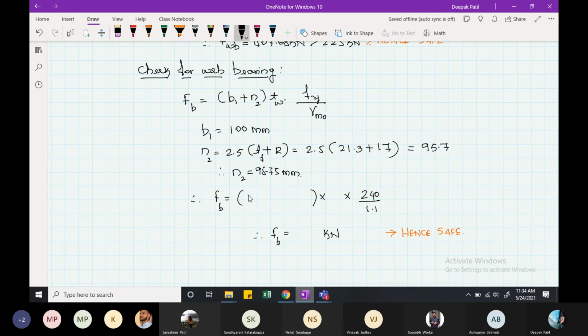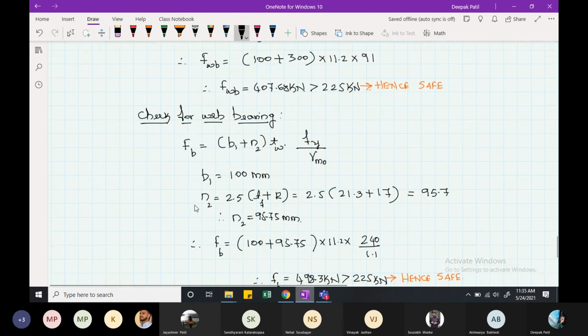And when you substitute all of them here, that is 100 plus 95.75, thickness of web is 11.2, and here you have to take Fy as 240 itself. You will get the bearing strength as 498.3 kilonewtons, which is once again more than 225 kilonewtons. OK, hence it is safe from the web bearing point of view also.